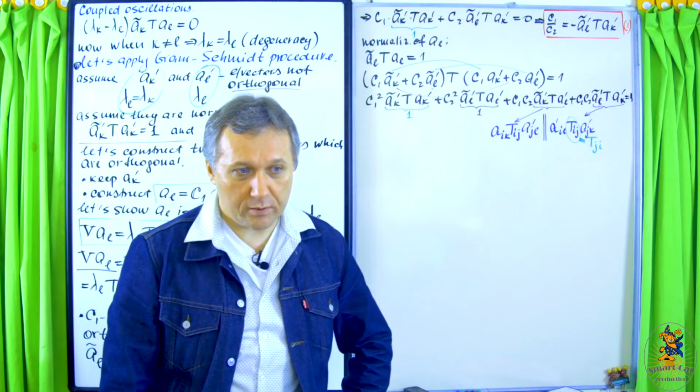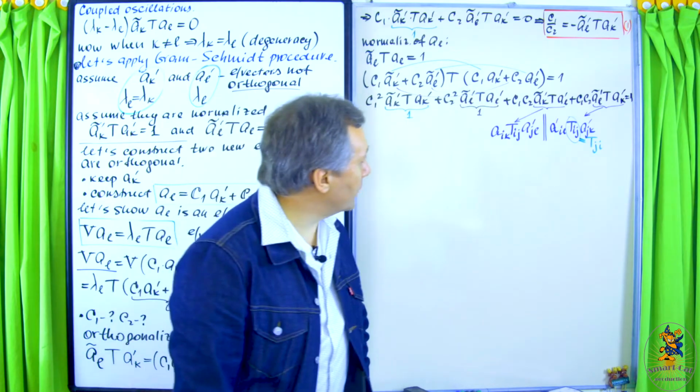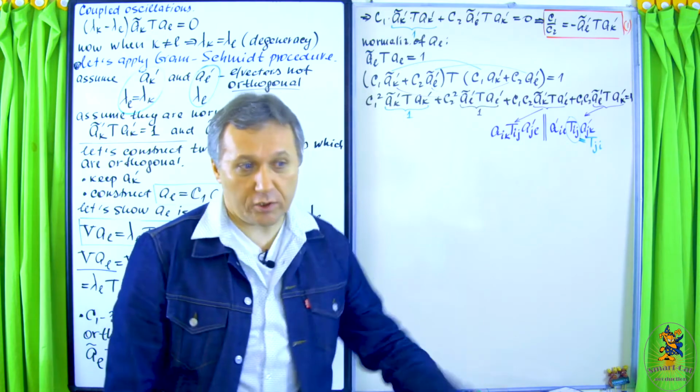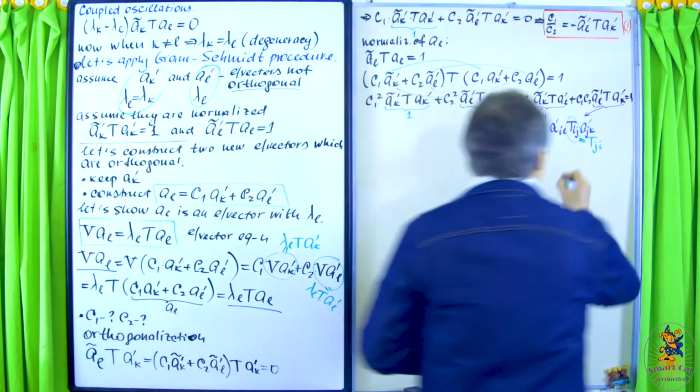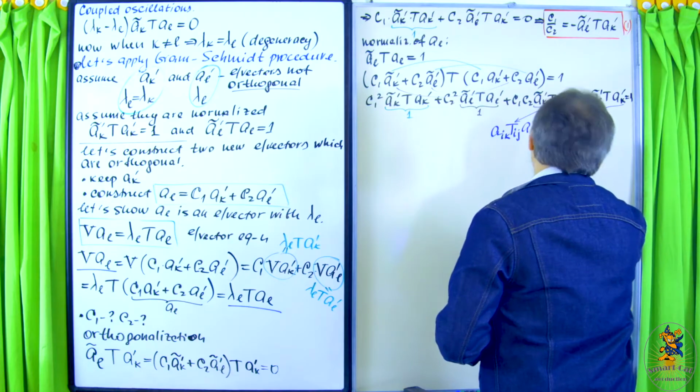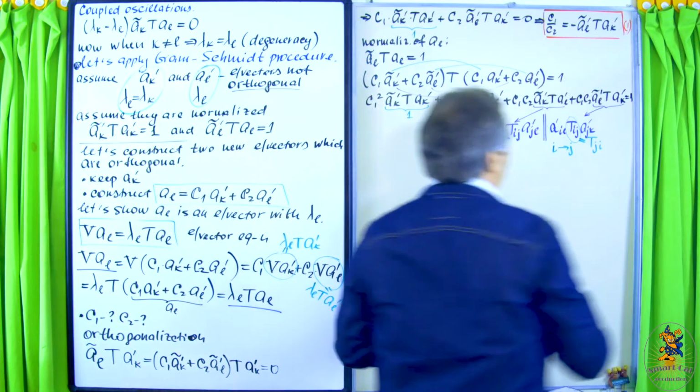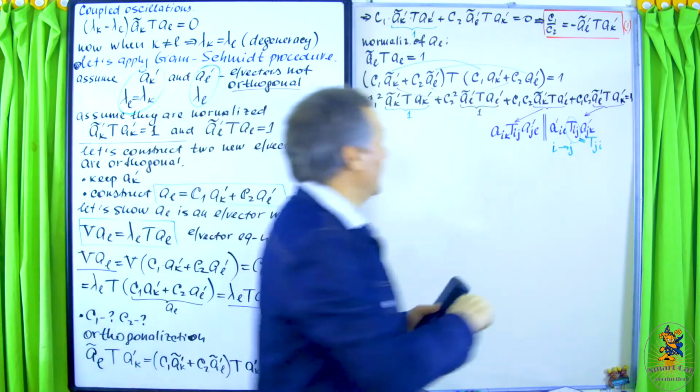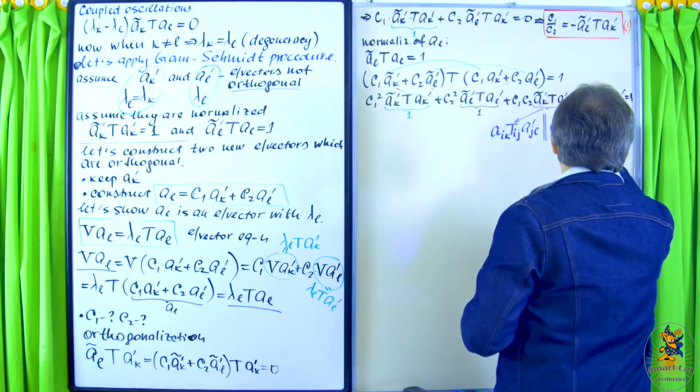So we can change the indices, for example, interchange I and J. We can call I as J and J as I.